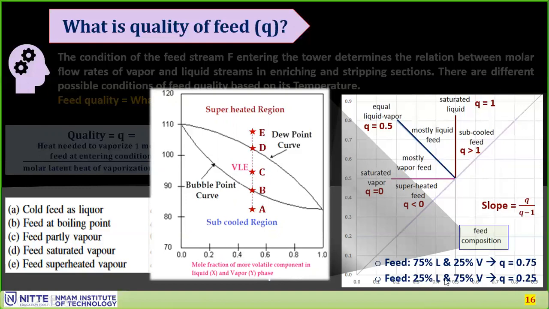If the liquid is 25%, q is equal to 0.25. If you remember the previous problem, we had 50% liquid and 50% vapor, so we have taken q equal to 0.5. That's how the quality of feed is measured.